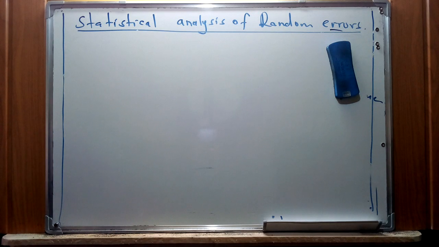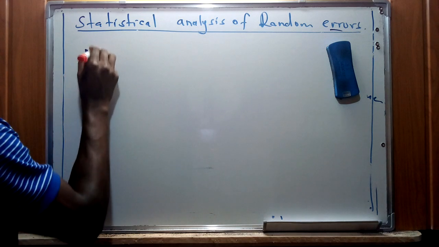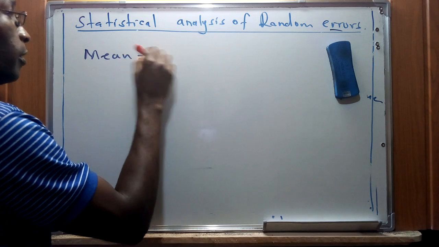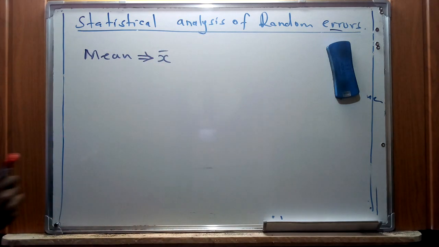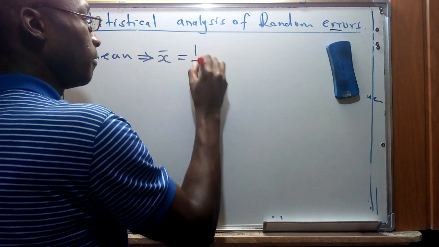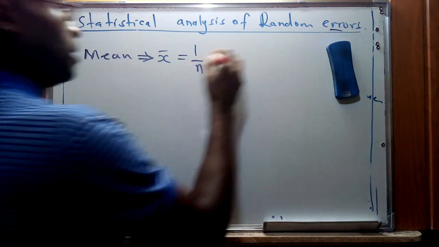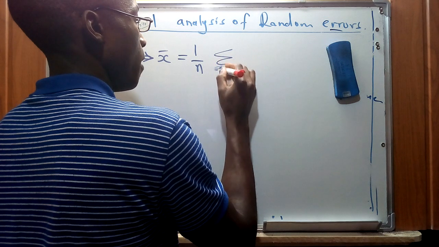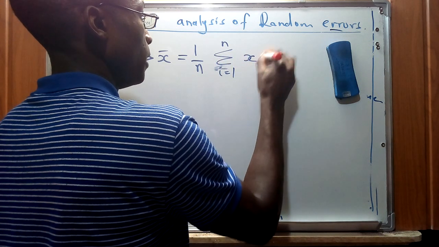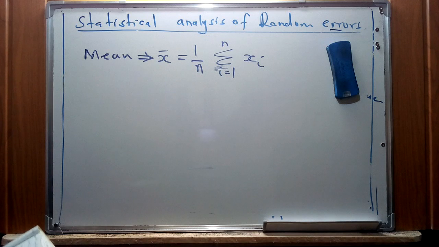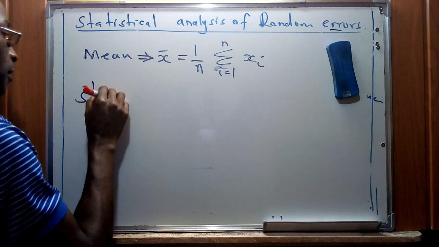So from our discussion, for us to do an analysis of these random errors, we include the concept of the mean and try to see how the data spread about the mean. The mean is given as the summation from 1 to n of the values of x, over n. Next, we can express the characteristics of this mean by using the concept of standard deviation.